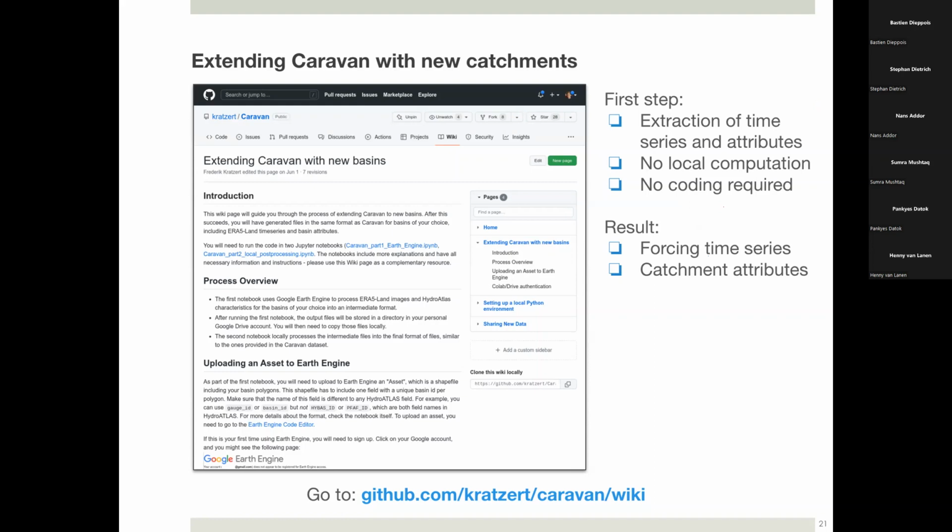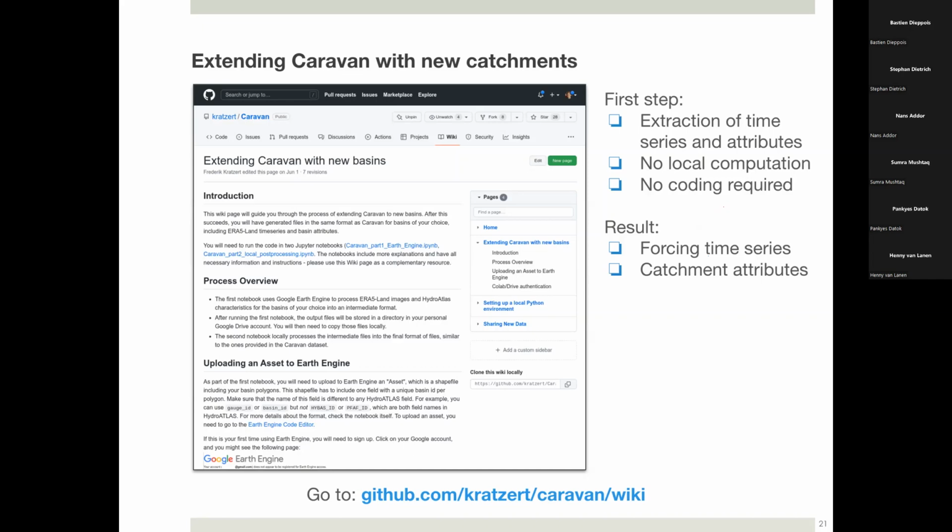And there is a step-by-step tutorial in this wiki that tells you how to do it so that you don't have to do any local computation. All the computation is done in the cloud, and you don't have to do any coding, because the coding has been done already. And what you get from this first step is two things. First, time series, and the other one is a set of catchment attributes derived from HydroATLAS. If you want to access the wiki, the link is at the bottom of this screen.